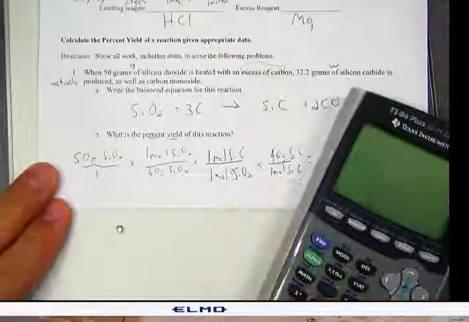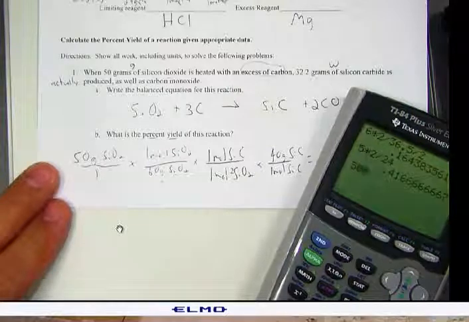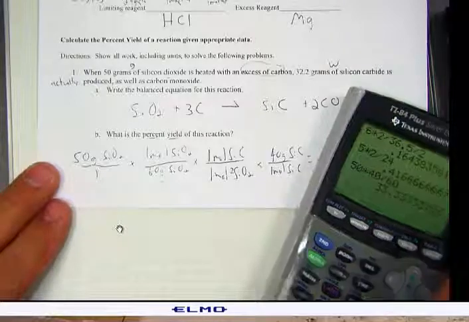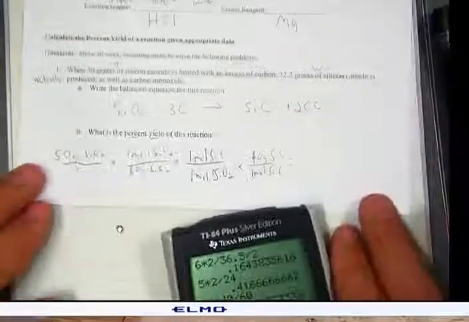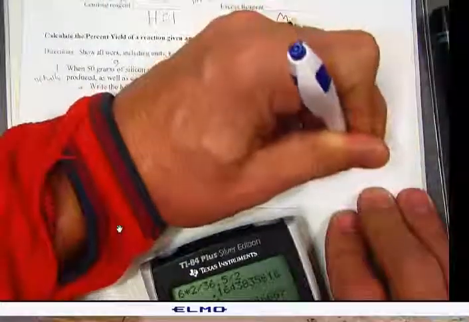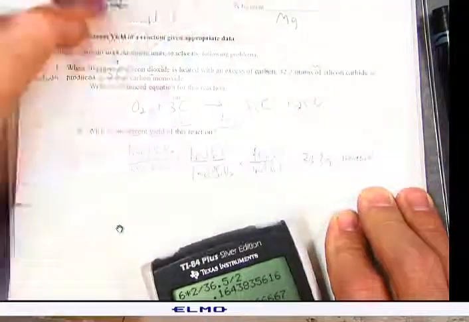Put these numbers into the calculator. 50 times 40 divided by 60. 33.33 grams. 33.3 grams. That's theoretical. Theoretical grams of silicon carbide.